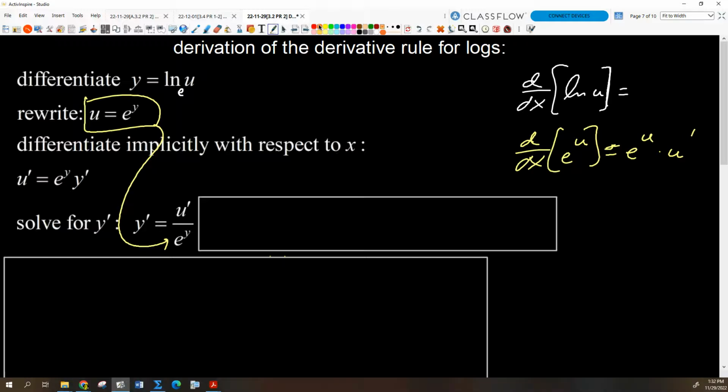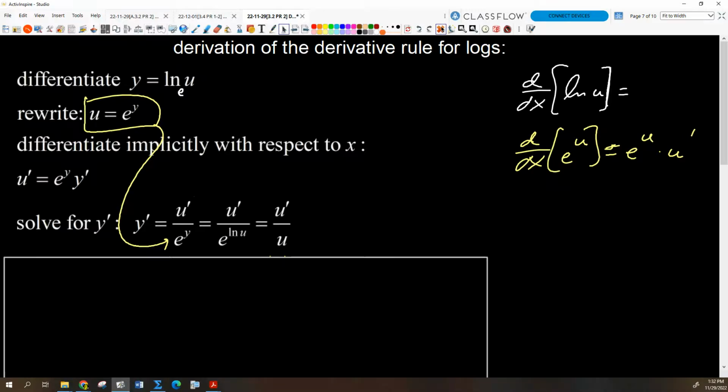So we get out of this then u prime over u. I don't even need that step, do I? Because I've already defined e to the y as u. So there's my rule. The derivative with respect to x of log u is just u prime over u. We got a new one.